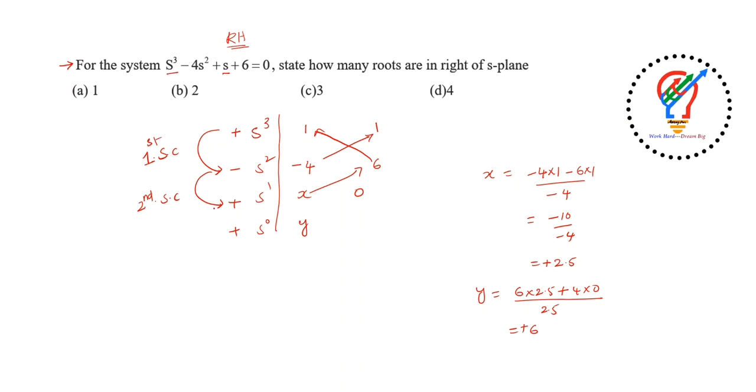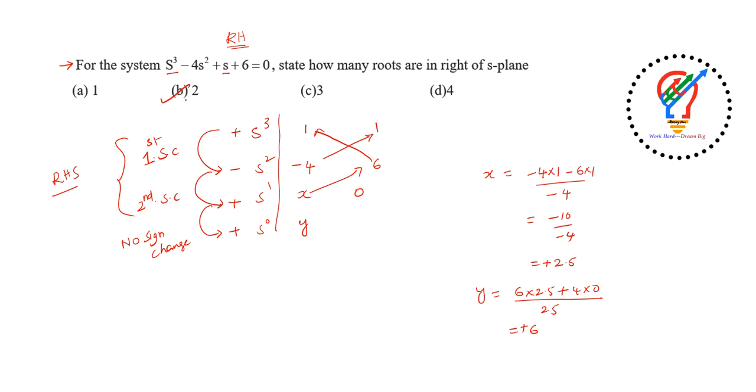And here plus to plus, is there any sign change? No sign change here. So how many sign changes are there? There are two sign changes, which means this many poles are lying on the RHS. As per this concept, the answer will be 2.